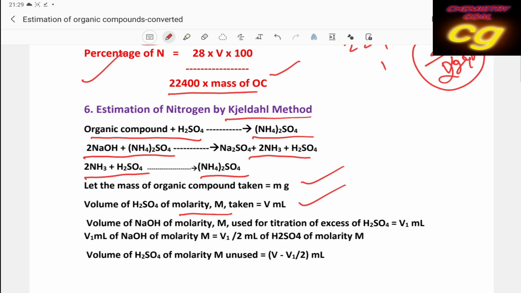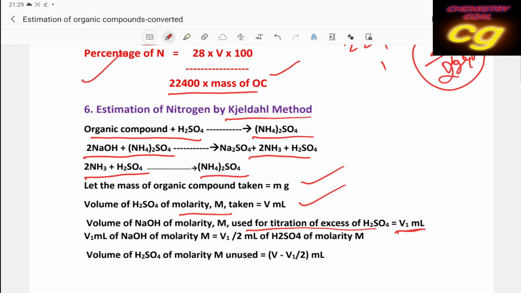The volume of sodium hydroxide taken, suppose V1 mL. How can you calculate this volume of sodium hydroxide used by titration with excess sulfuric acid?